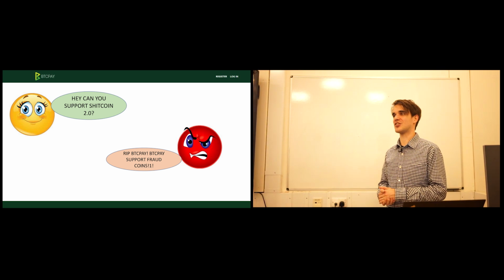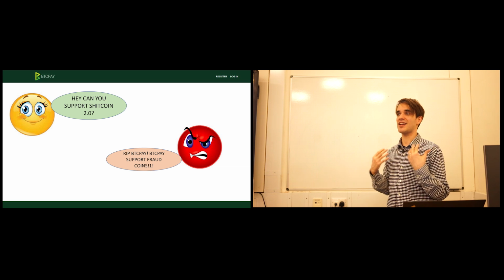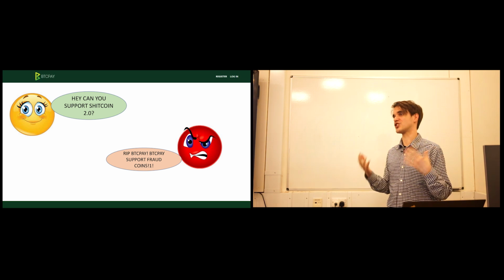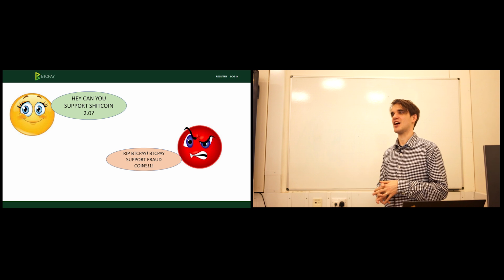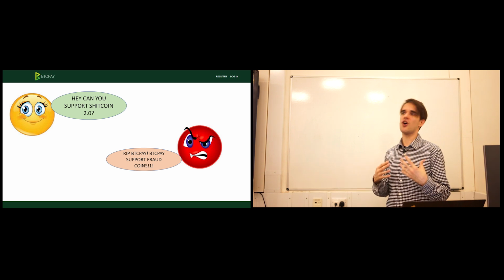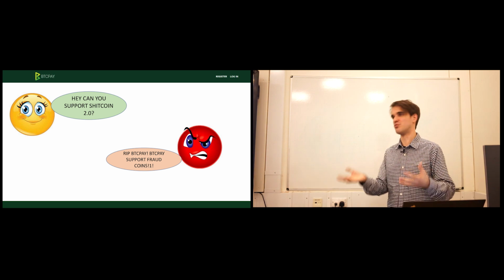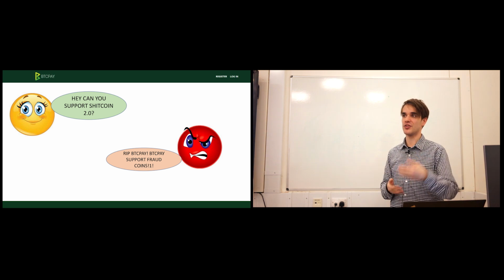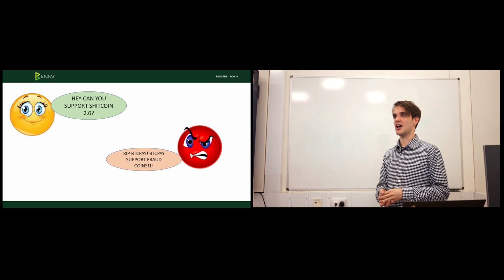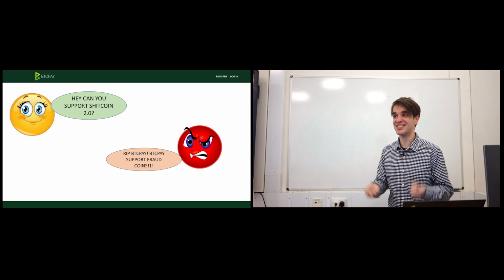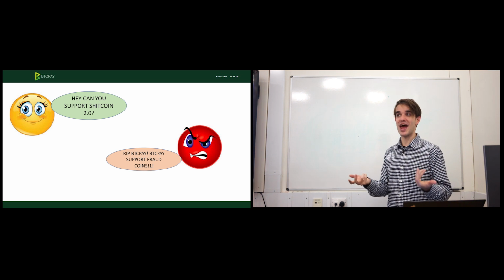Here is the thing. With shitcoins, on my side, I don't work for shitcoin. I don't give a shit about shitcoins. When they tell me, oh, can you add support for shitcoin 2.0? Basically, I say no, I can't, and I redirect them to the documentation. If they really insist, there are 2 ways.